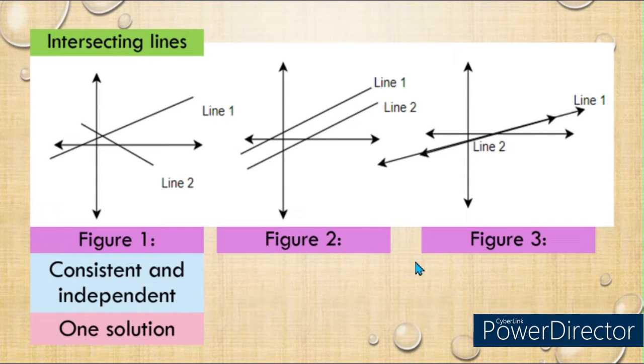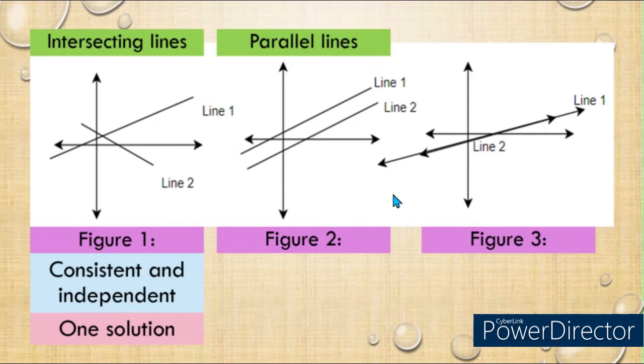Okay, so now let's proceed to figure 2. As you can see, figure 2 is an example of parallel lines. In parallel lines, the lines of the equations don't meet. So that is what we call parallel lines. This means that the system of linear equations has no solution.